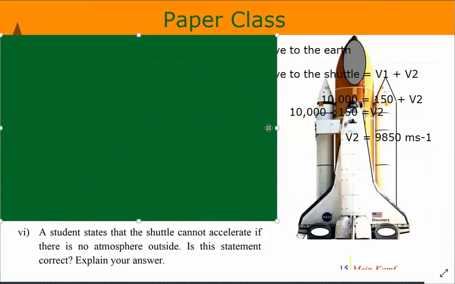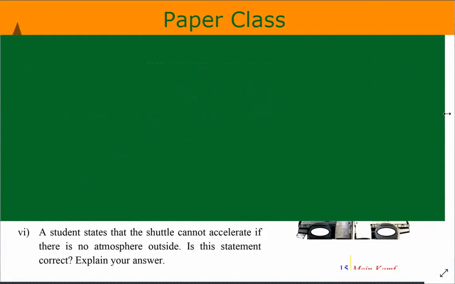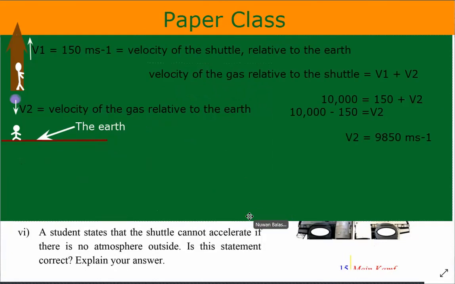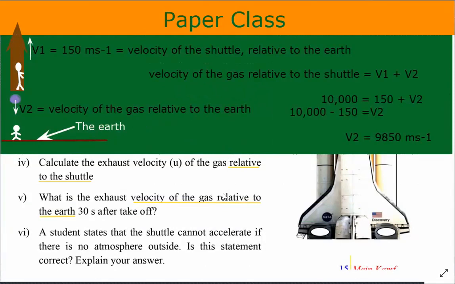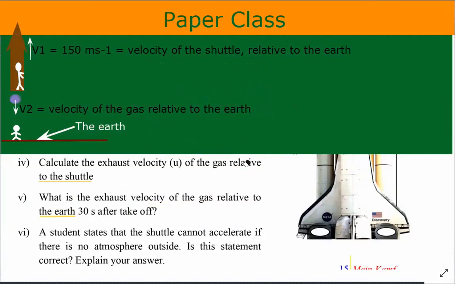Human nature. We have used them, now we don't want them, so we just throw them away. Right, so let's go to the next question. Let me erase these lines. Oh, what has happened? I didn't want her to erase it.